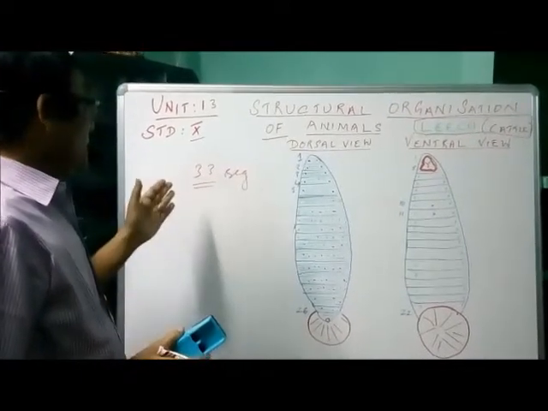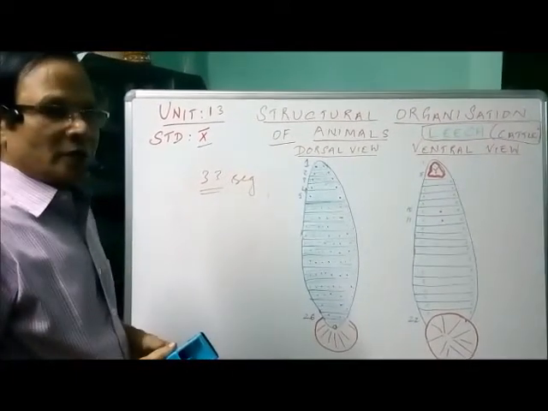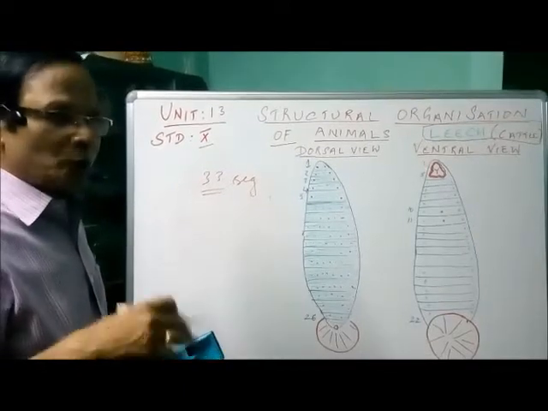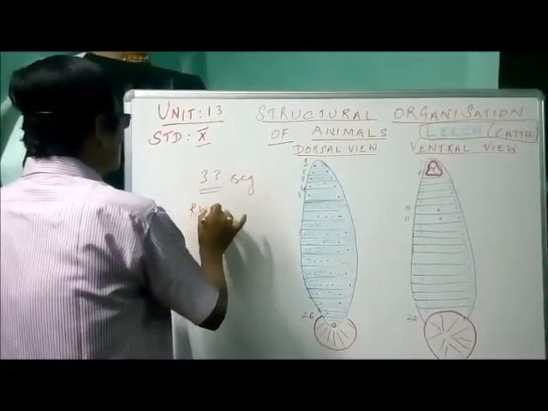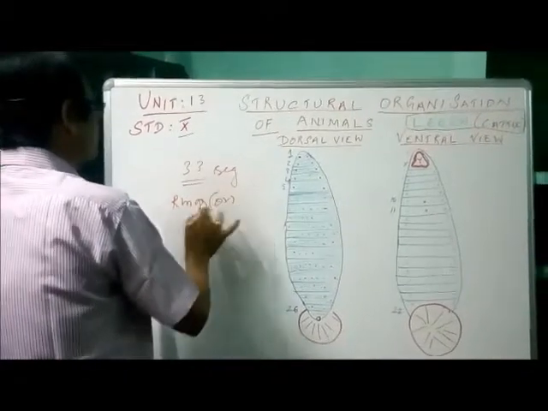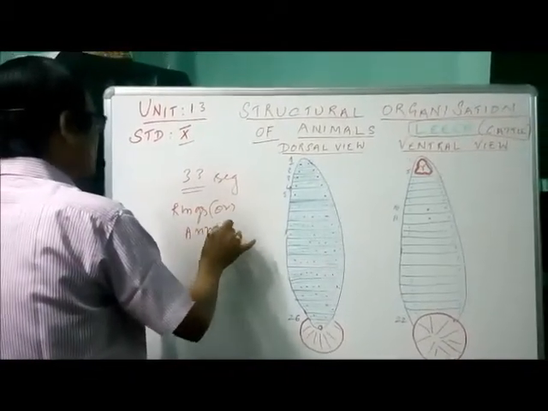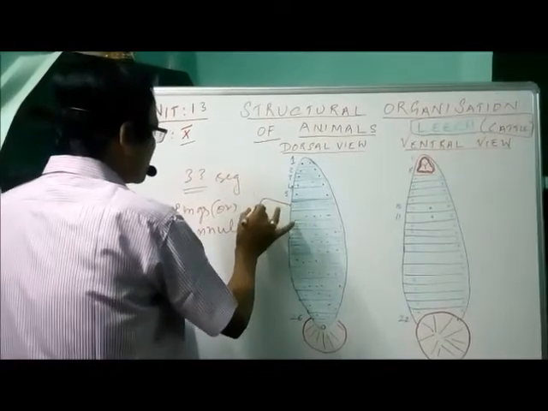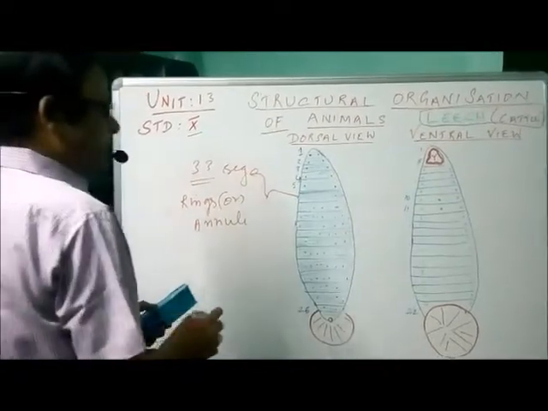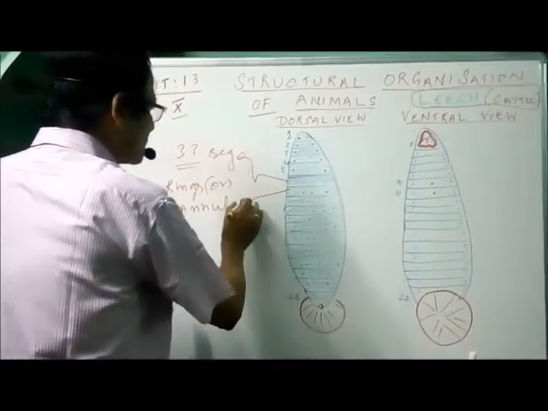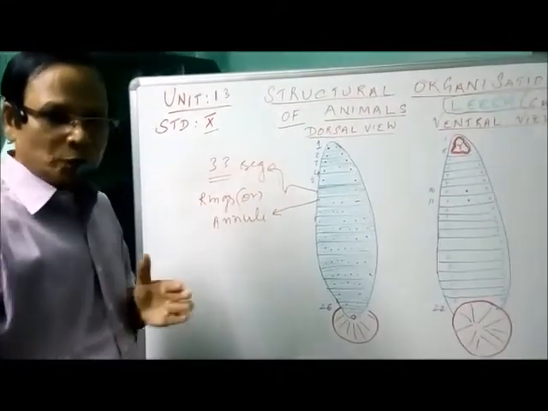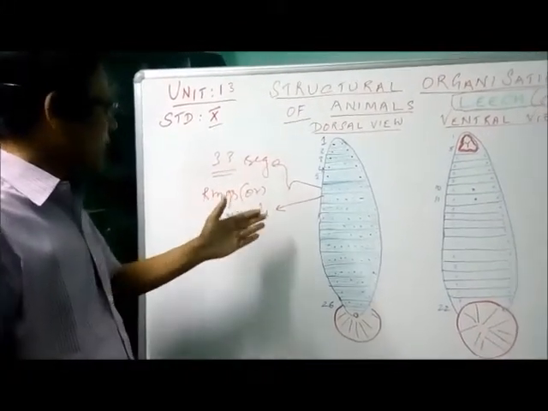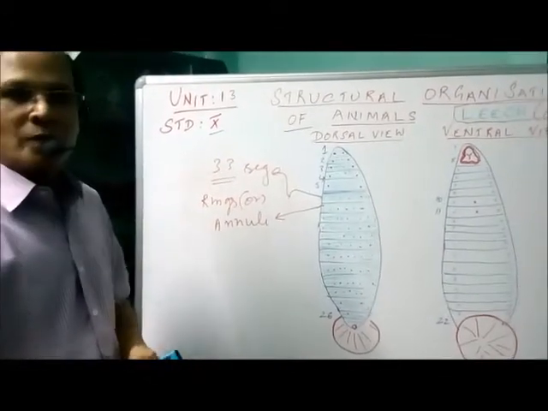Again, each segment is further divided, superficially, into ring-like structures called rings or annuli. Now this is one segment, and each one of these is called an annulus.